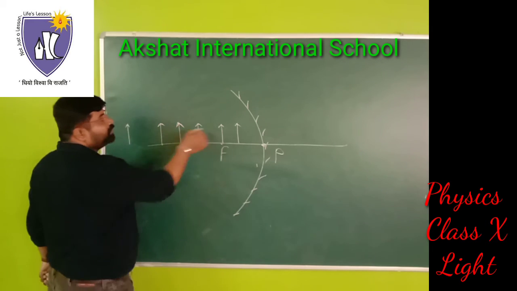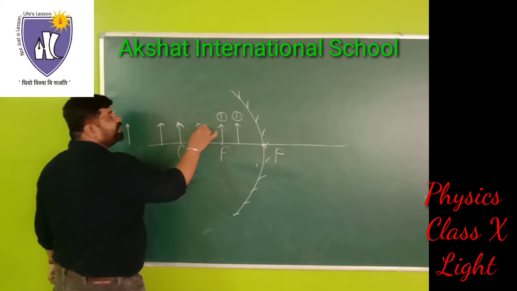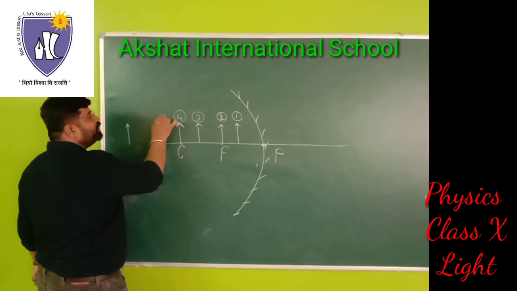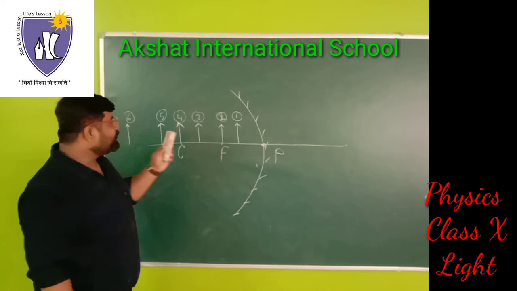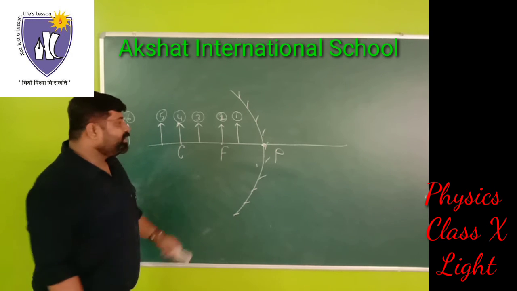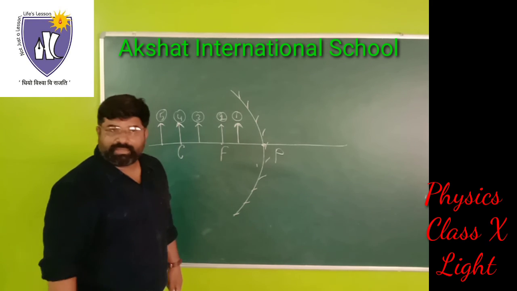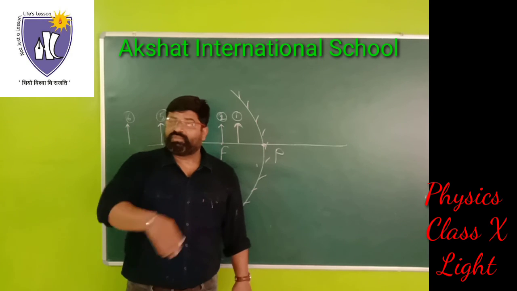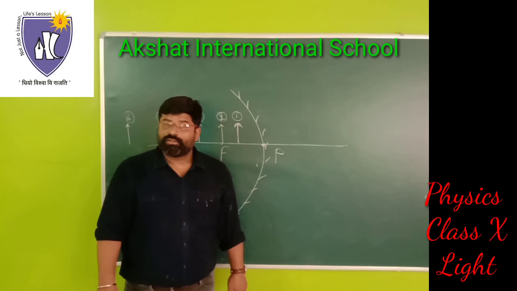So these are the different 6 cases, that is case 1, case 2, case 3, case 4, 5 and 6. One by one we'll see where we keep the object to get the image, what will be the nature of the image, what will be the position of the image, and so on.